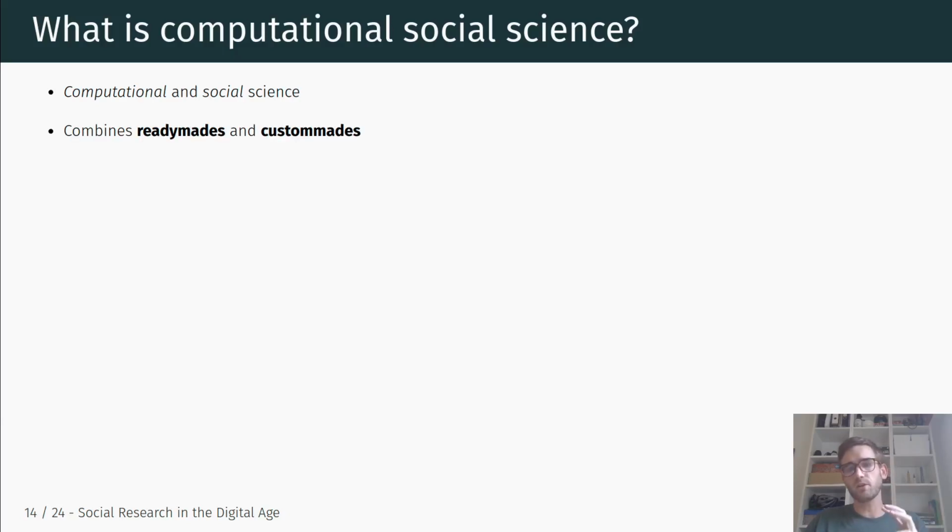And the Groves article is talking about this distinction between organic data and design data. The equivalent in the Bit by Bit book is this idea of combining ready-mades and custom-mades. Okay, that's basically the same idea.